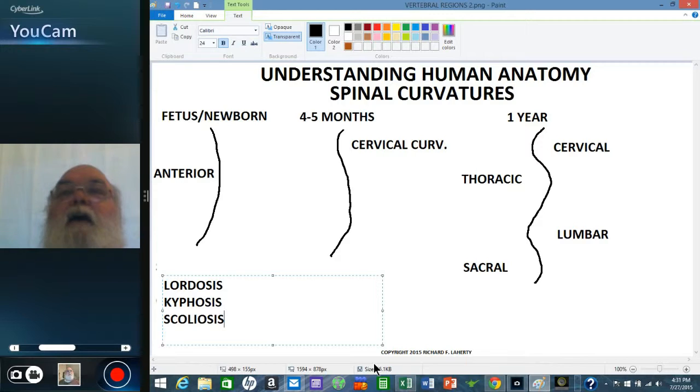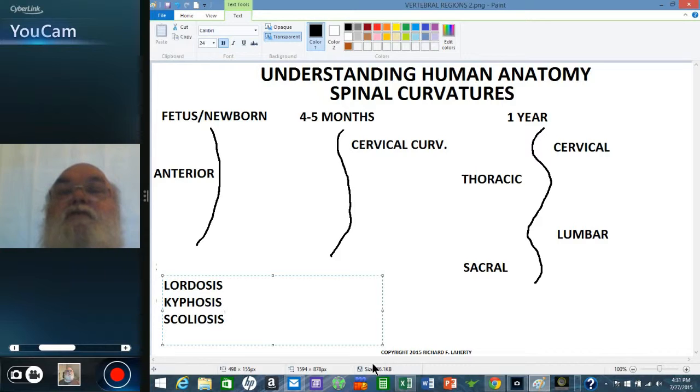The spine has 4 normal curvatures. Cervical curvature, concave posteriorly, that's a secondary curve. The thoracic curvature, which is concave anteriorly, that's a primary curve. The lumbar curvature, which is concave posteriorly, again a secondary curvature.